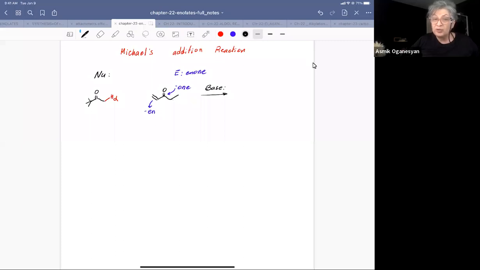Well, hopefully we're already comfortable with your carbonyl compound becoming a good nucleophile under basic conditions. We abstract the alpha proton, we form an enol, and then it will bounce back to form a good nucleophile. Let's take a look at the properties of the enone and recognize what will be the electrophilic center in the enone.